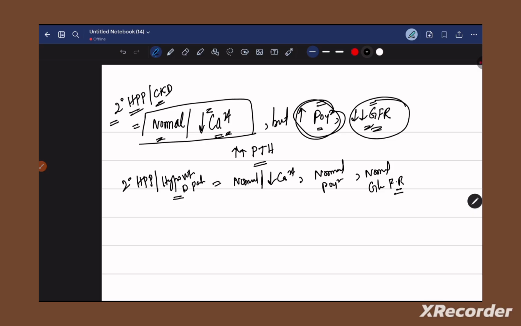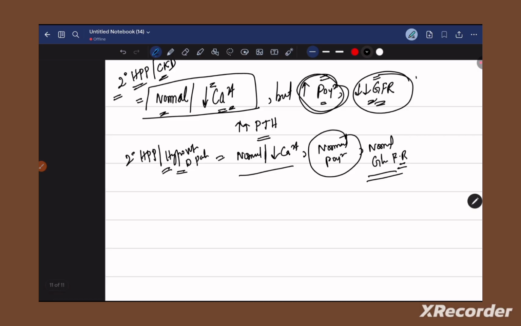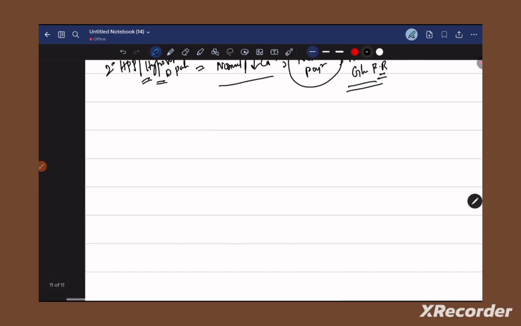And here in secondary hyperparathyroidism with hypovitaminosis D, normal or decreased calcium, normal phosphates, and normal glomerular filtration rate. And here also creatinine will be increased, blood urea nitrogen would be increased, and urea would be increased. Okay, these things we will discuss. There will be albuminuria also, because it's a CKD patient.